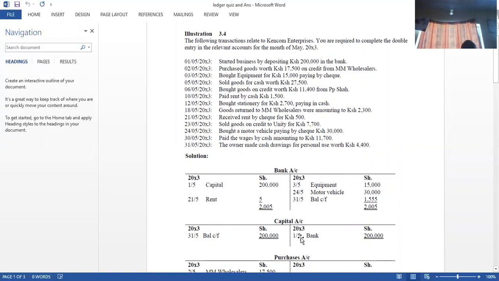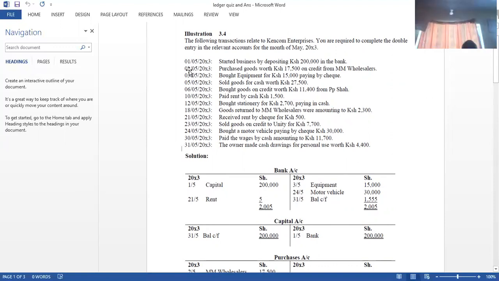But remember, those dates must be similar, 0105, 0105. Bank is debited because it is increasing, and increase in an asset is normally debited. Anytime we increase capital, it is normally credited, and that's why in the capital account, that amount 200,000 was recorded on the credit side.